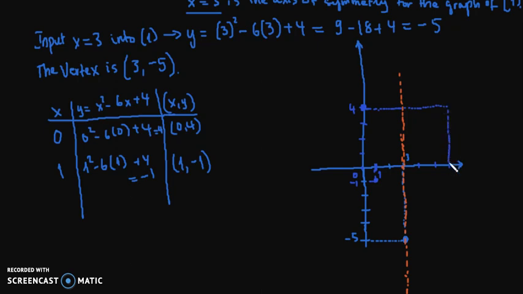That means this point would be (6, 4). And then this point here, reflected across this axis of symmetry, would be (5, -1).